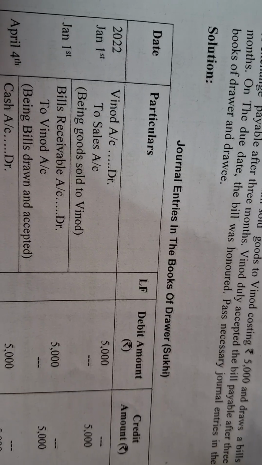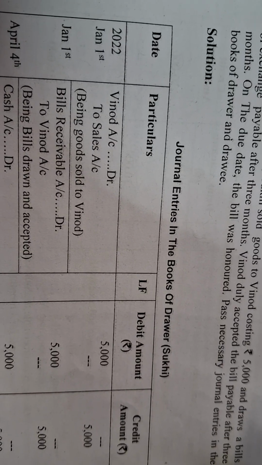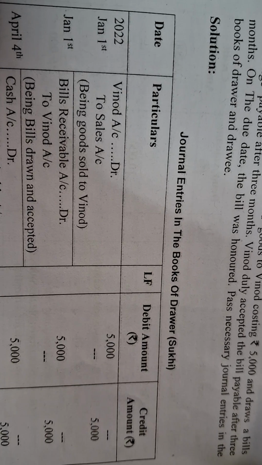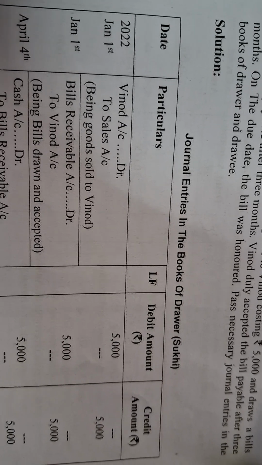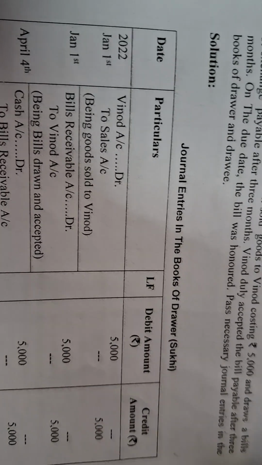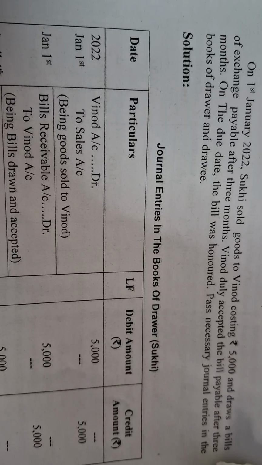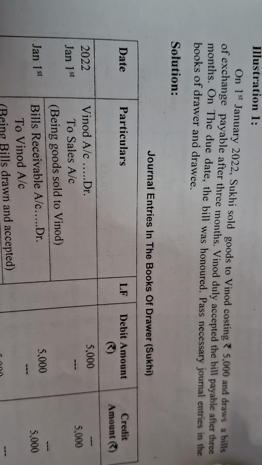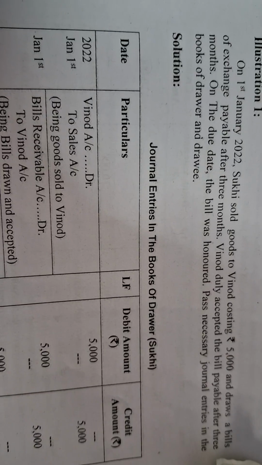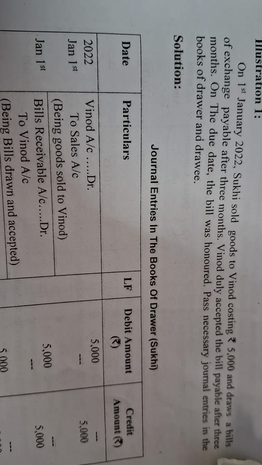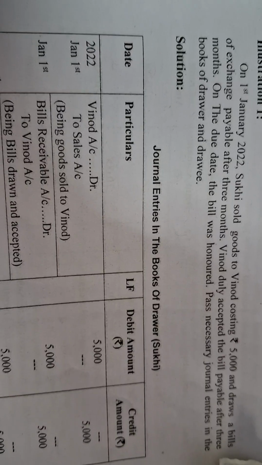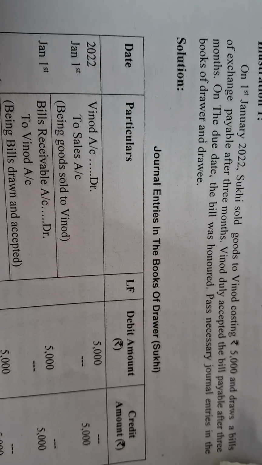Vinod is the acceptor of the bill. That's why bills receivable account debit to Vinod account. Then what comes as the next entry? Just read the next sentence in the question. Everything will be clearly mentioned in the question itself. You simply need to read the question very carefully, sentence by sentence, and each sentence gives you one journal entry.